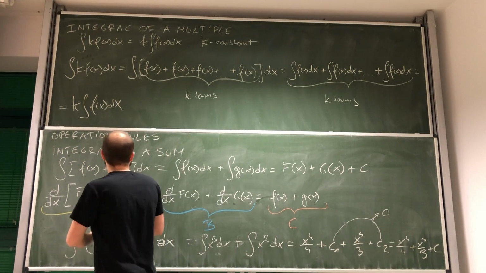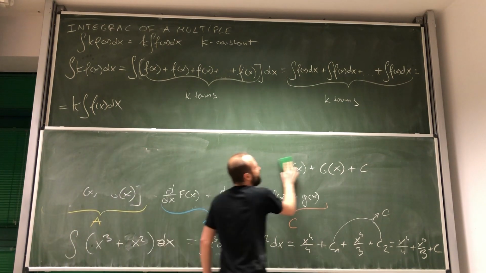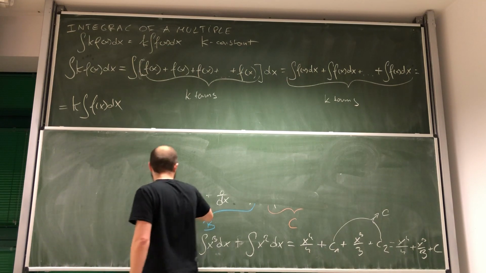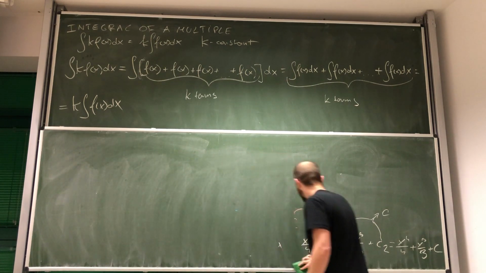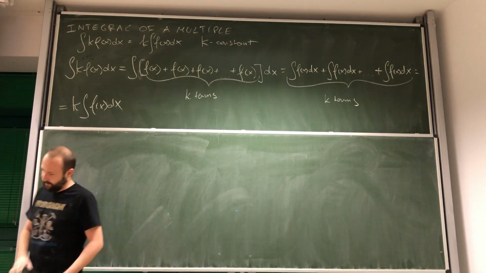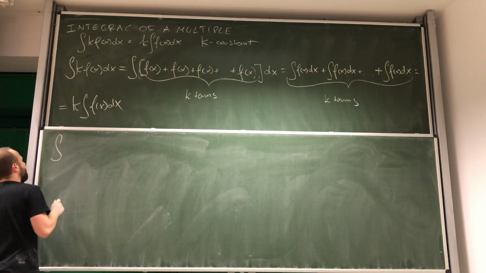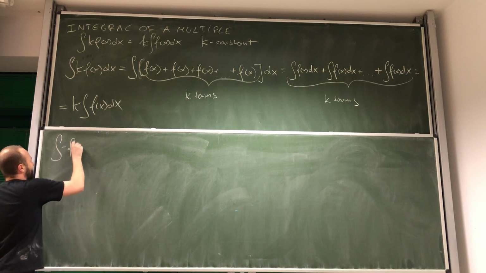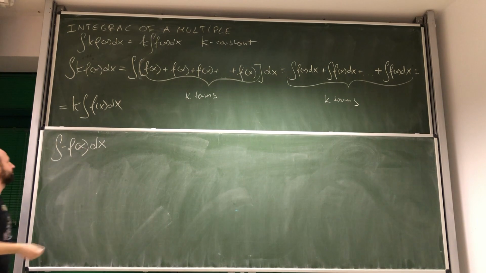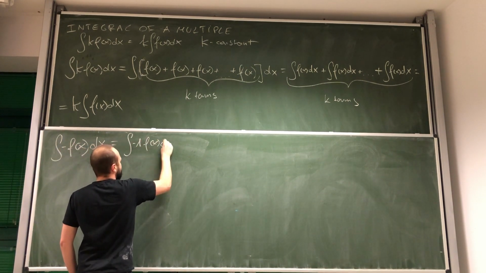And this is especially useful if we would like to actually provide a rule for subtraction of integrals. So integral of a difference. But look, over here, we see a very specific feature: integral of negative f of x dx is equal to the same thing as integral of negative 1 times f of x dx.